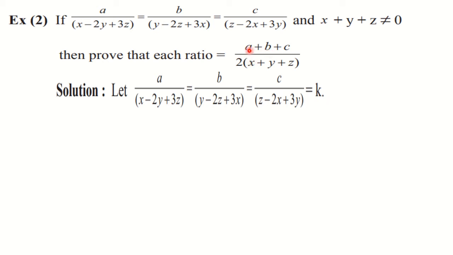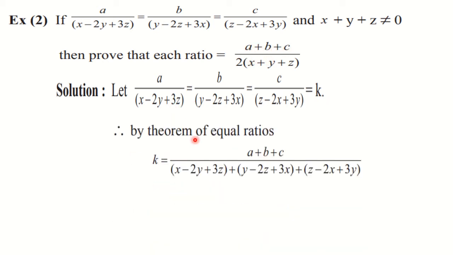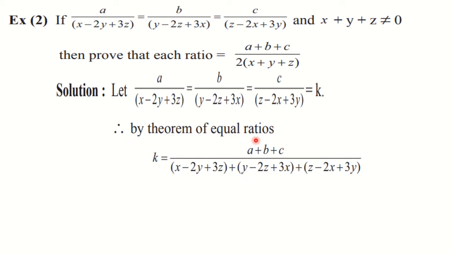As I have said, here it is added, so immediately you have to make use of the theorem on equal ratios. So k is equal to... why take k? Here we should not write all these three ratios again and again, because it will become lengthy otherwise. So you can write simply k, because we assumed in the beginning all the three ratios are equal to k.